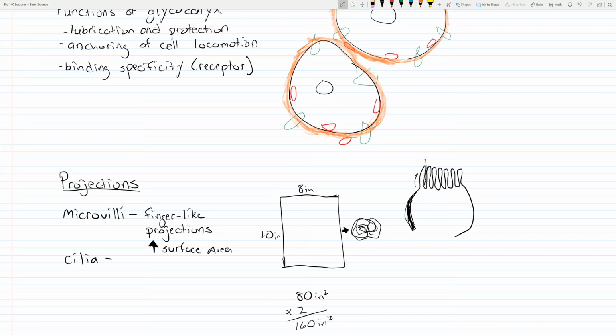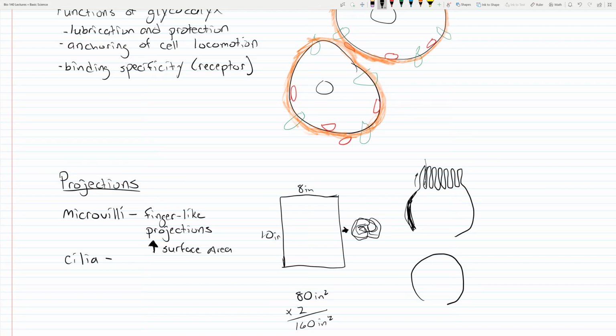So I am increasing the surface area. Now compare that. Suppose that I just had this, and that was the actual cell itself. There's a lot less surface area there. By putting these little finger-like projections, I increase the surface area of the cell.